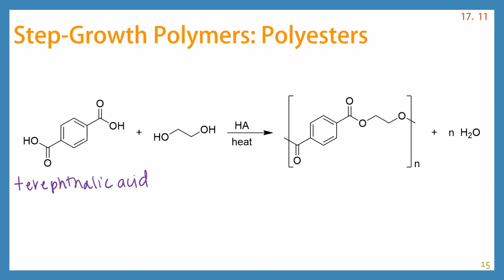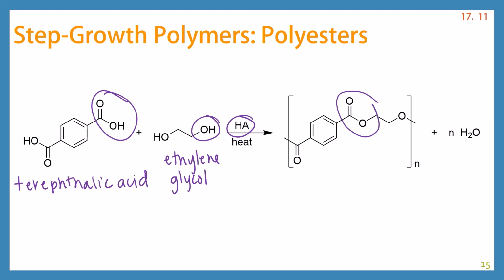And then we're adding in a diol, in this case ethylene glycol, in the presence of acid and heat. Hopefully the alcohol, acid, and carboxylic acid in your head told you to go through esterification. And in this case, since we have a carboxylic acid on both sides of the molecule, and we have an alcohol on both sides of the alcohol molecule, we end up creating a repeating chain of esters.